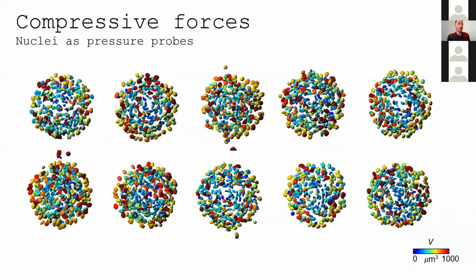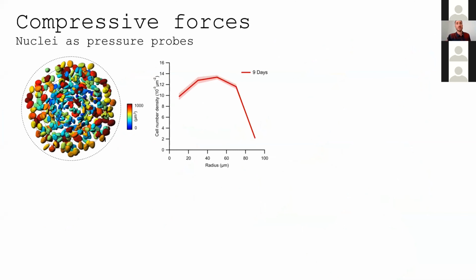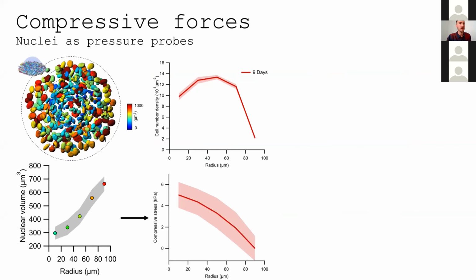What we saw is what theory was predicting: accumulation of cells in the center of the islands and lower nuclear volume at the center, which is consistent with increasing stress at the center of this island. From this nuclear volume, we can easily get compressive stress by assuming certain elastic properties of the nuclei and comparing them with the peripheral nuclei, which are not compressed.